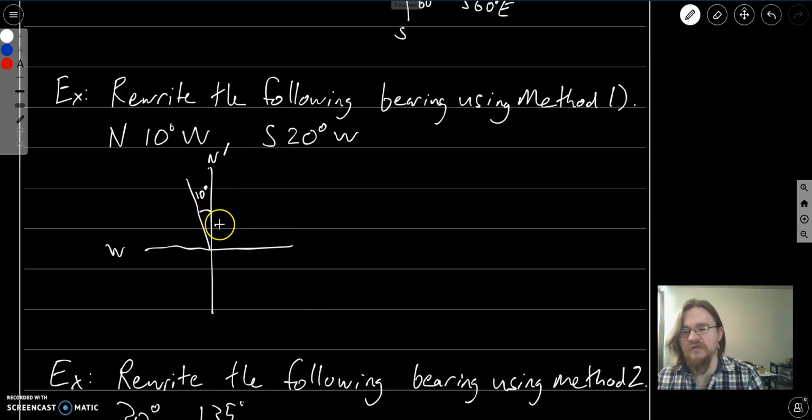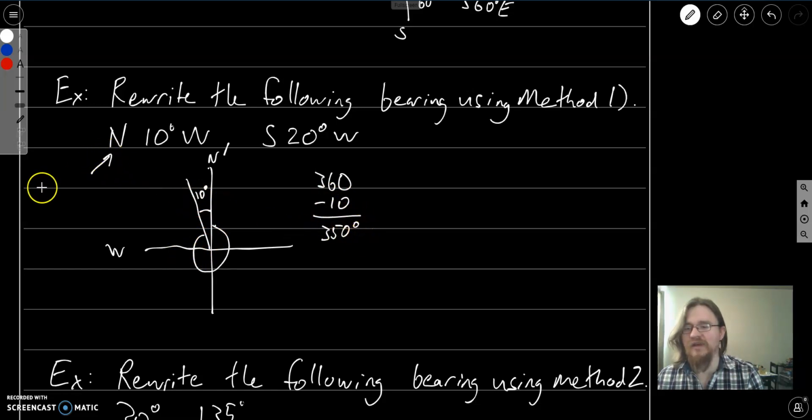Well, if we start from due north and go all the way around, I need to find this big angle here. This isn't too bad. A full circle would be 360, but we stopped 10 degrees short of that, so this is going to be 350. So this bearing is 350 degrees.